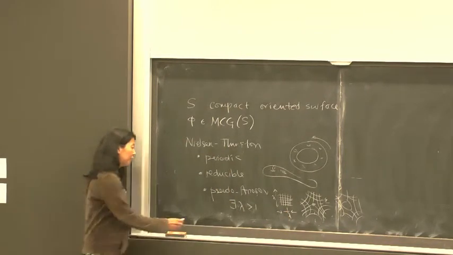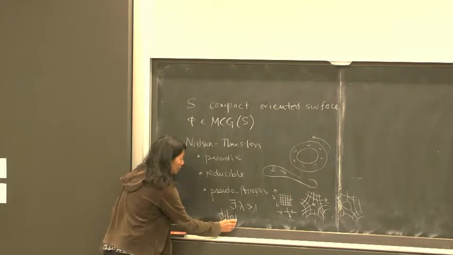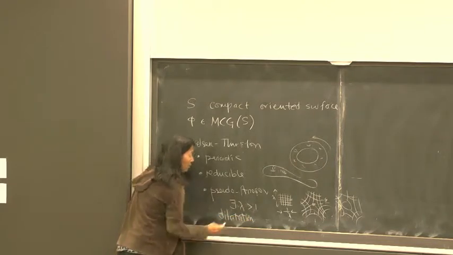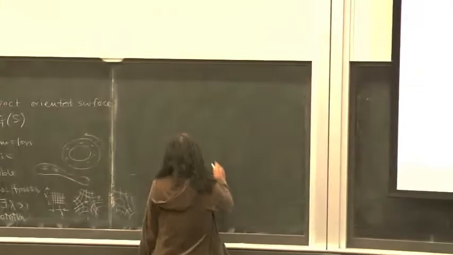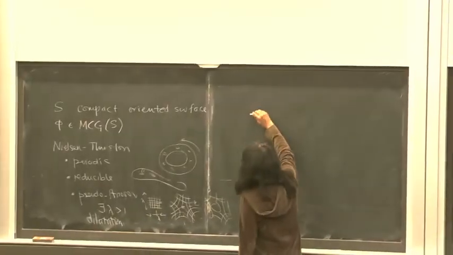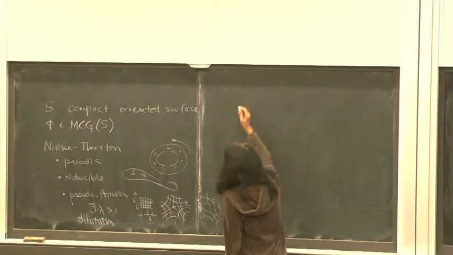So this lambda is called the dilatation of the mapping class. And so we're interested in knowing things about the dilatation.